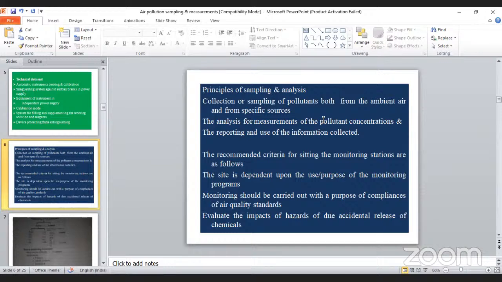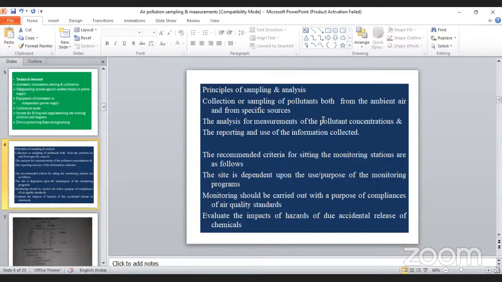So this must be introduced: collection, analysis, calibration, and quantification or evaluation of emissions. The concentration, whatever is quantified through this analytical method, should be expressed in terms of micrograms per cubic meter: micrograms of pollutant per cubic meter of air sampled.